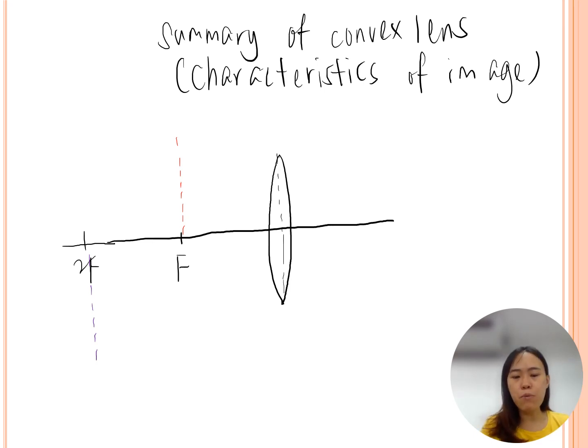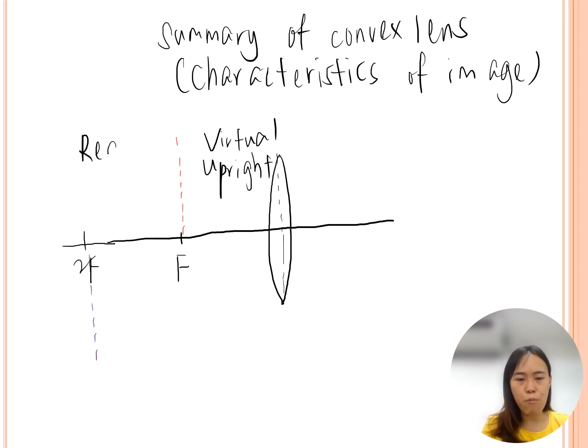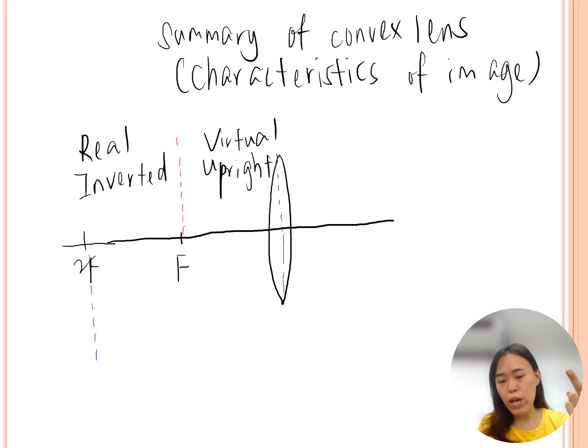If the object falls before F, it is virtual and upright. Then after that, more than F, it is real and inverted. So we have already identified two characteristics of the image: either real or virtual, and either inverted or upright.